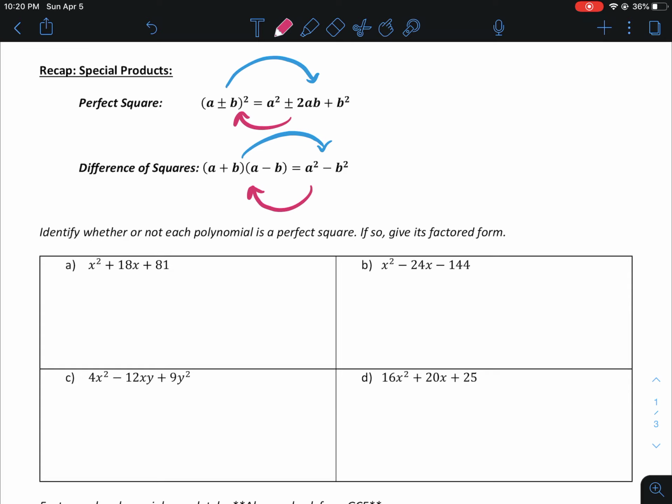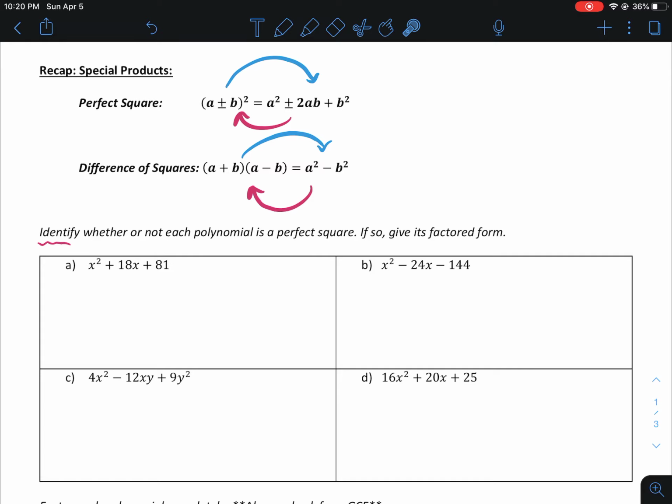I want you to identify whether or not each polynomial is a perfect square, and if so, I want you to give its factored form. So the key here is to identify them by figuring out if they fall into this format, a squared plus 2ab plus b squared.